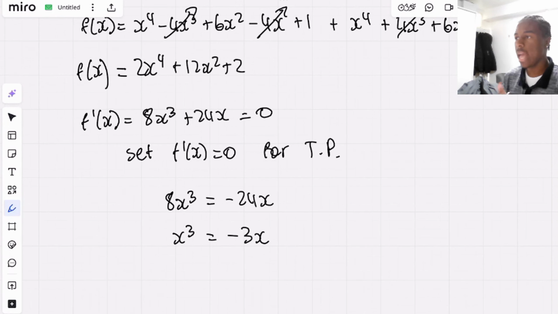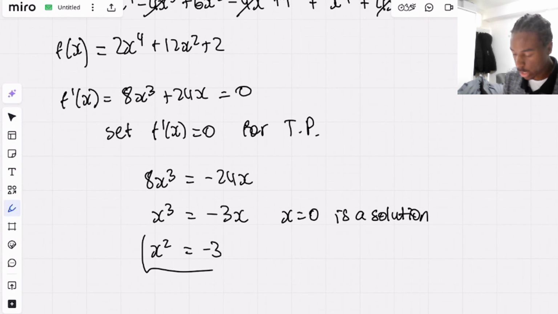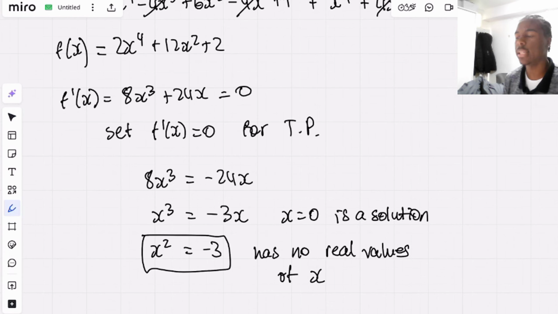Now we see that x equals 0 is a solution. And by noting that on the side, that allows us to divide through by x. Okay, so now dividing through by x is allowed. And we can see that this equation here has no real values of x that satisfies that equation.